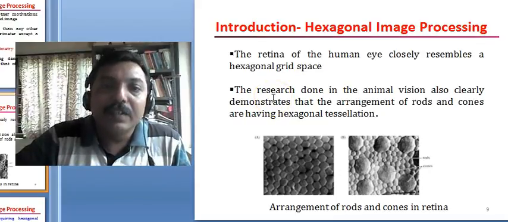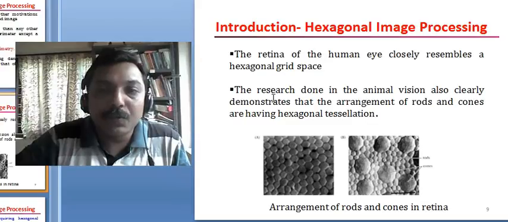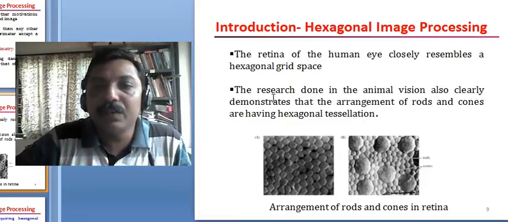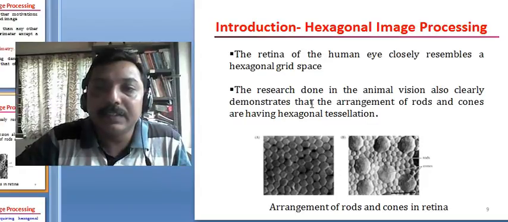As we know, the retina is a part of the human eye, and when an image is being viewed by a human being, the scene is imaged in the retina.